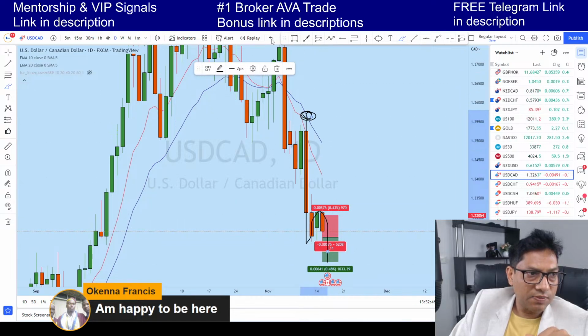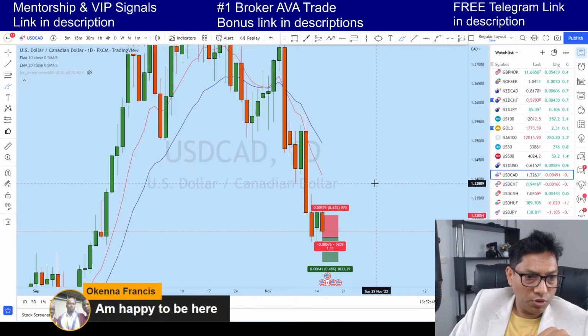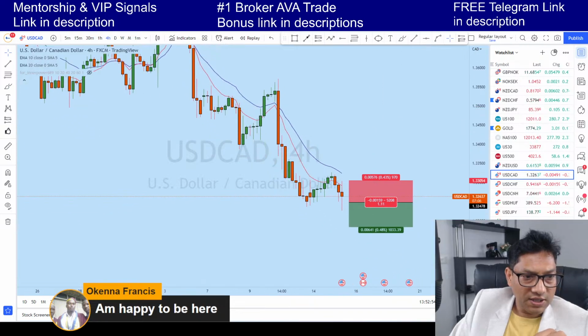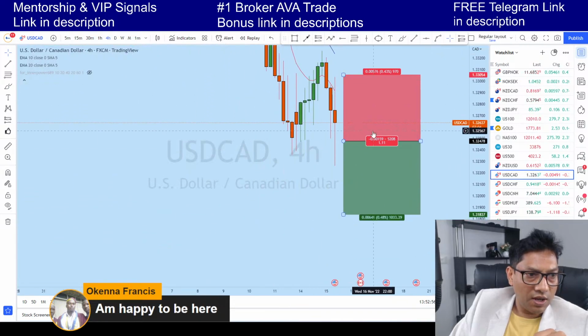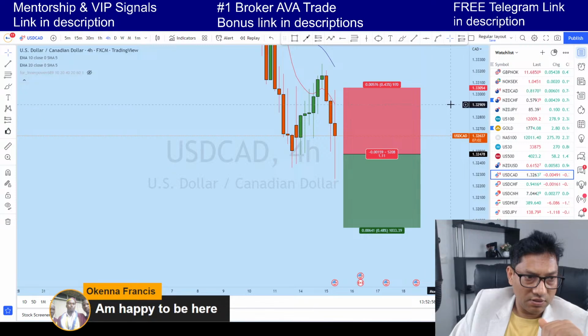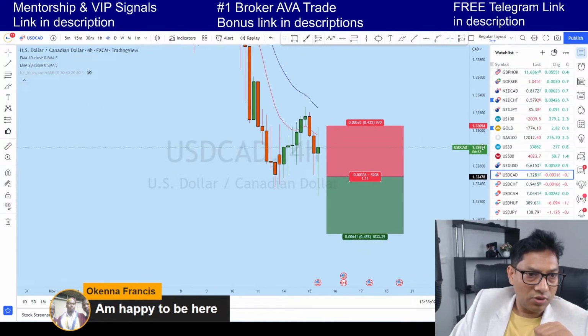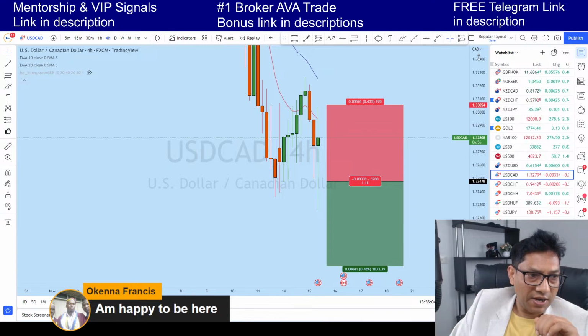Now we can expect another move to the downside. So all those time frames are aligning. Now on the intraday, we see that this is forming a doji. It reverted back, but yes, there is a spike to the upside. But I'm expecting that the price will still continue to drop.